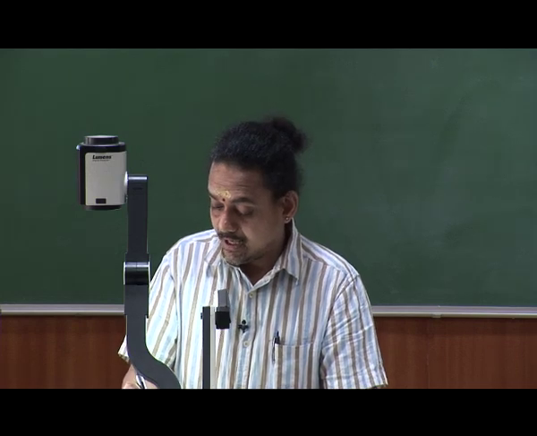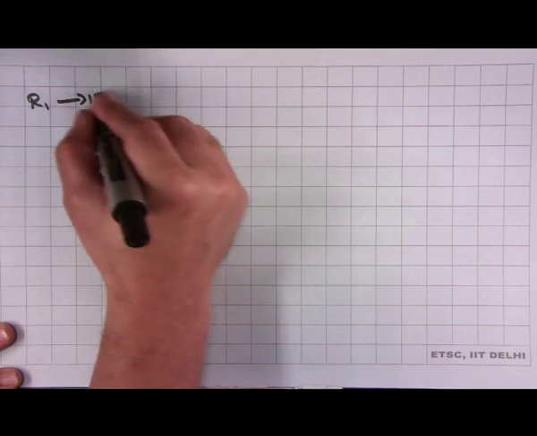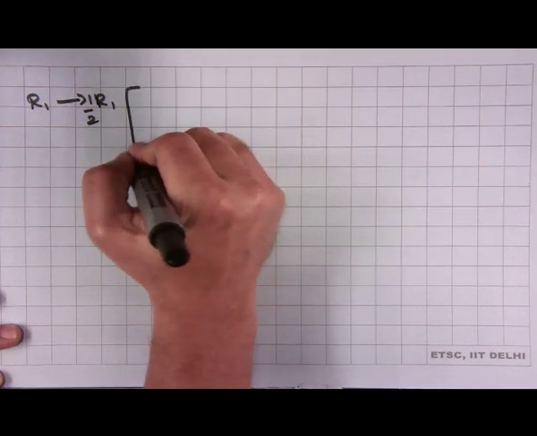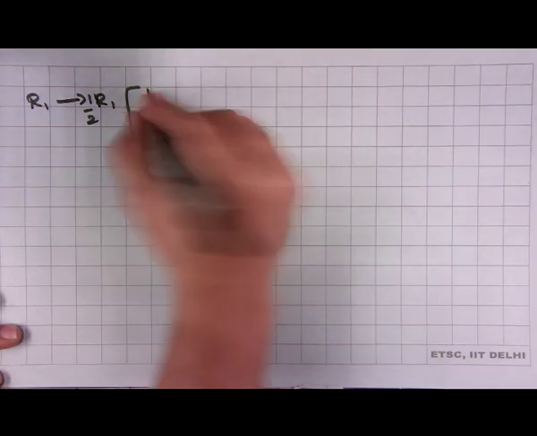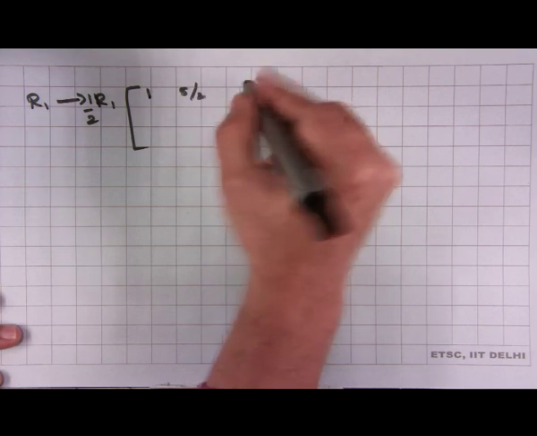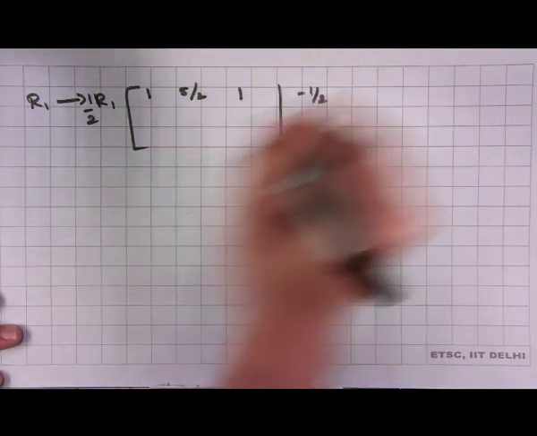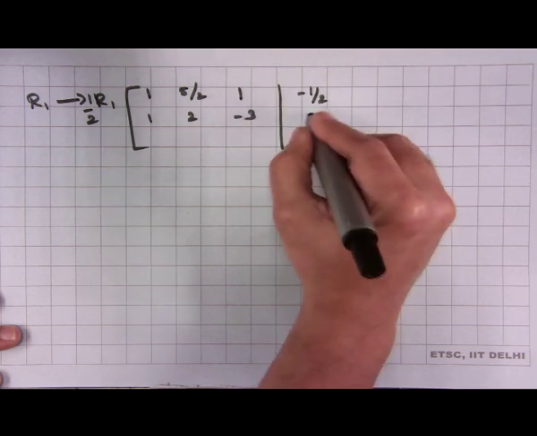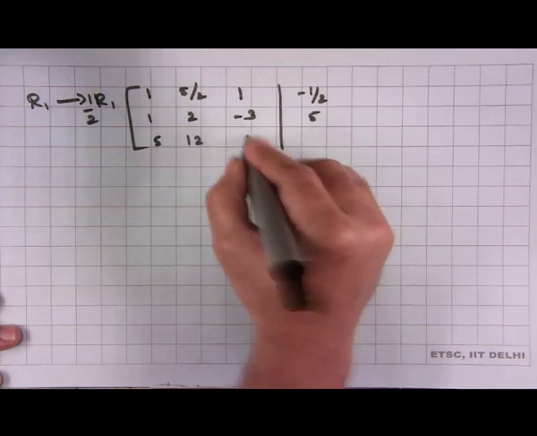So, we replace R 1 by half of R 1, which is going to give me 1, 5 by 2, 1 augmented with minus half. The remaining rows are untouched: 1, 2, minus 3, 5; 5, 12, 1 and 10.